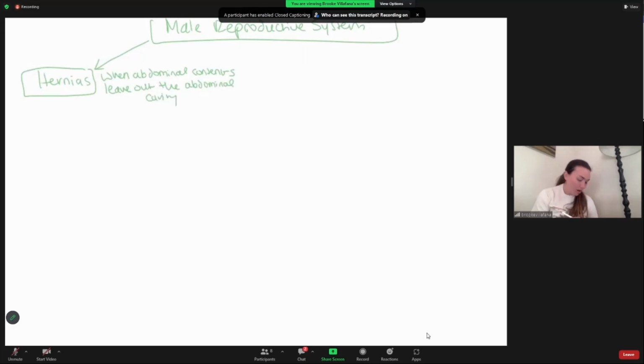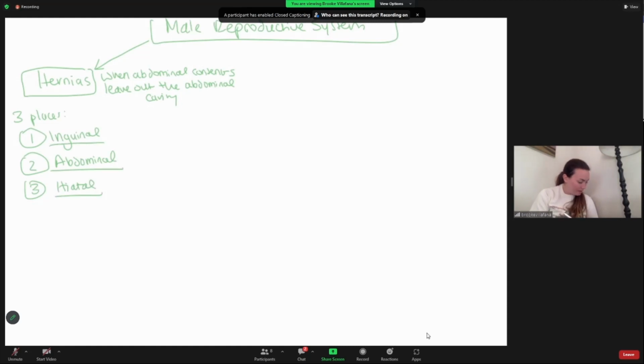So that's a hernia. There are 3 places. Okay, you have your inguinal hernia, the abdominal hernia, and then the hiatal hernia.